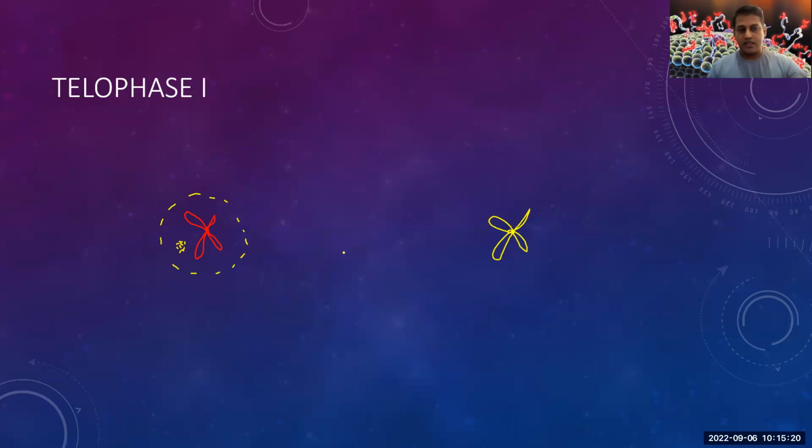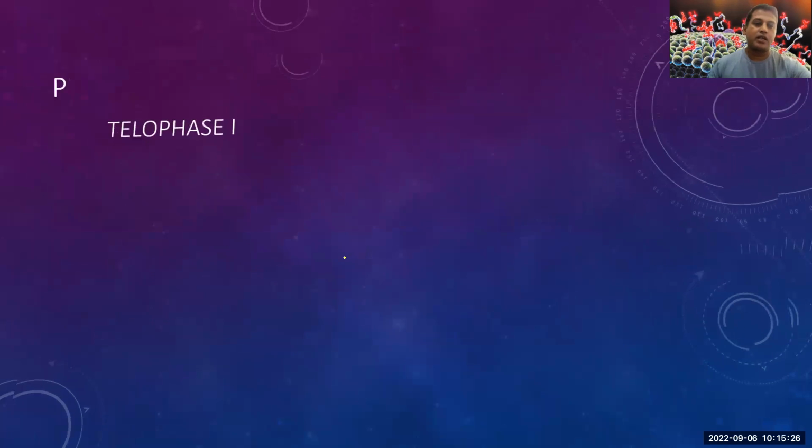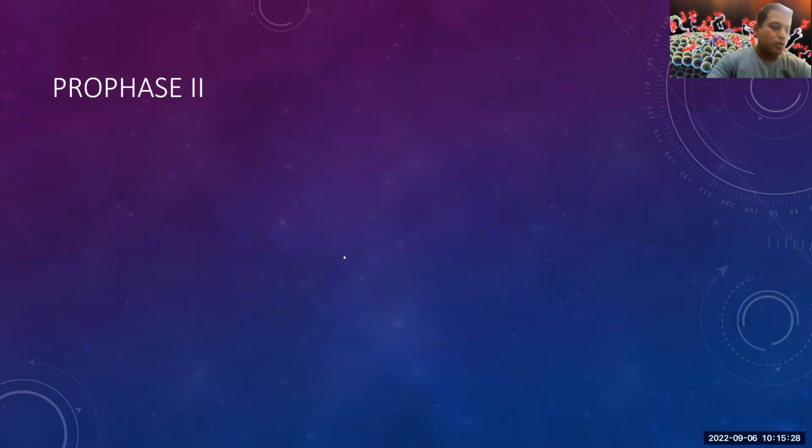Okay, telophase one is the same as in mitosis, and then after that comes meiosis two, right? Meiosis two again starts with prophase two, metaphase two, anaphase two, telophase two. Events are the same as mitosis.